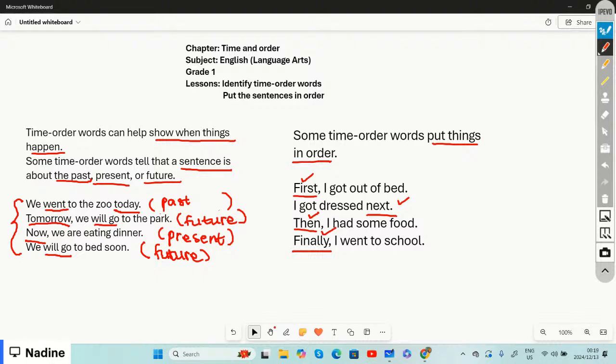Finally, I went to school. So that is our time order words. That is some of the words that were put in order, and it basically shows us how or what happened in order, let's say from the time that you woke up till maybe the time that you left for school.